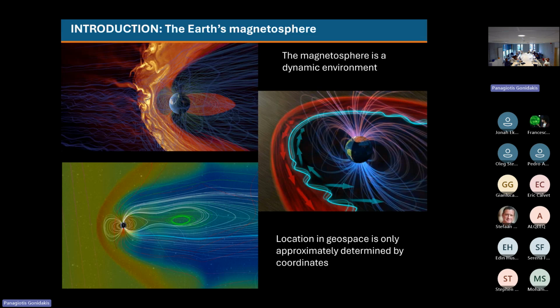This is due to the interaction between the solar wind and the magnetosphere, which is dynamic, to the driving of all the processes by the solar wind, but also to internal processes like storms and substorms, that make all regions dynamic and moving and not always located at the same place. Also, inside one specific region, the plasma properties can vary depending on the tons of processes that can happen in the magnetosphere.